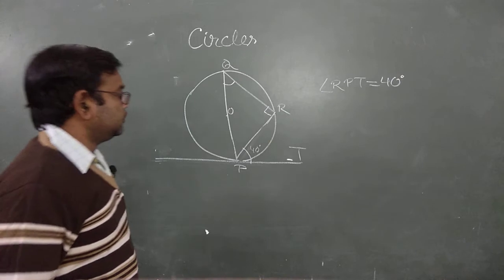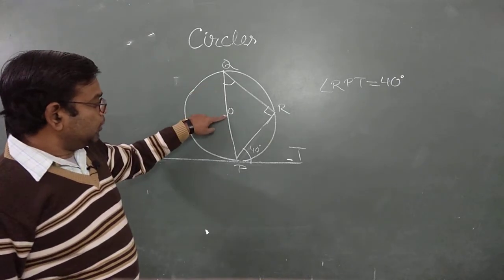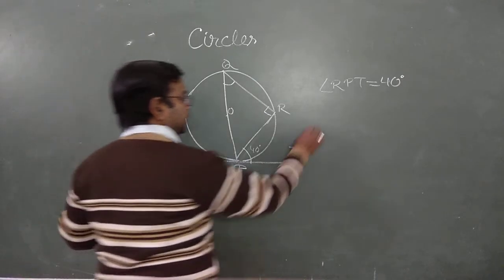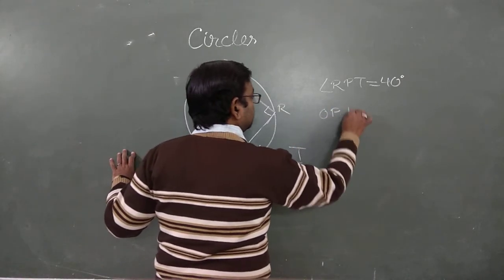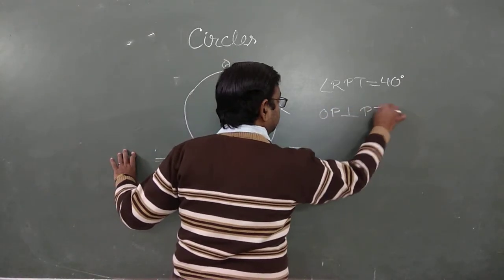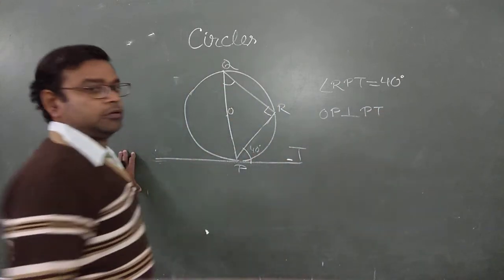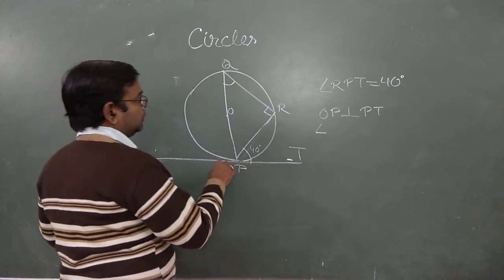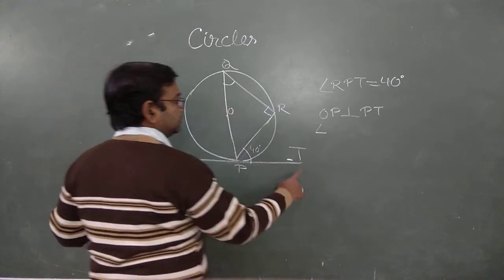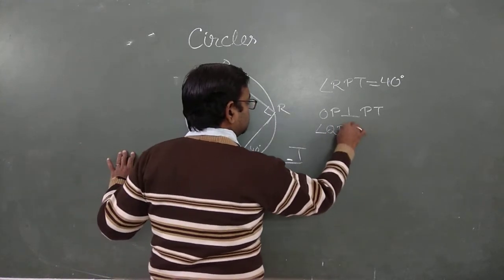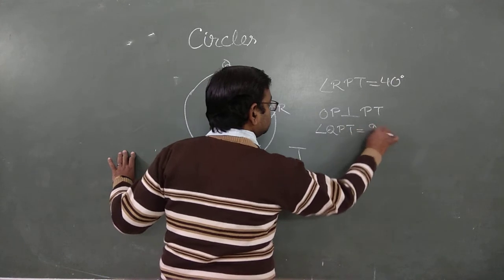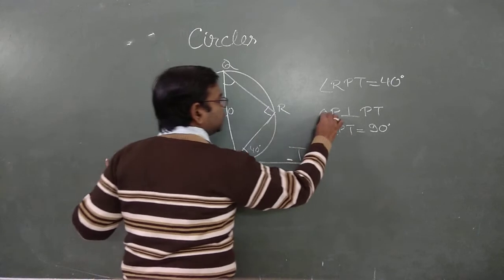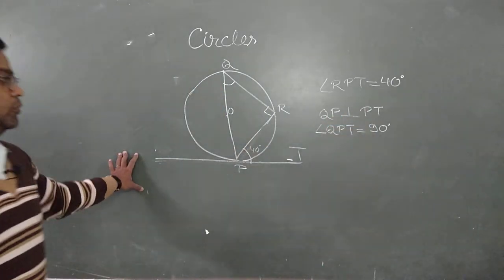It means what? As we know, OP is always perpendicular to the tangent. So in this case we can write OP perpendicular to tangent PT. Clear? So angle QPT equals 90 degrees, or you can say QP is perpendicular to PT, as it's a diameter.